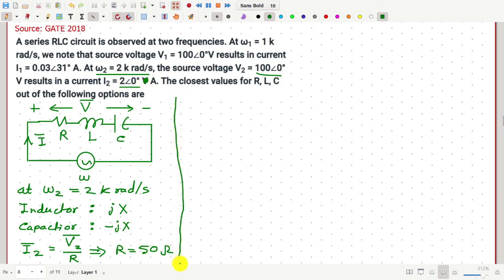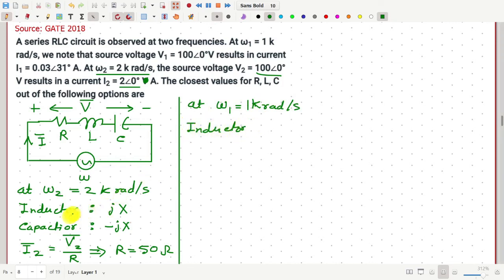Next, consider what happens at omega 1, which is 1 kiloradian per second. Now the inductor impedance will be half of the previous impedance. So it will be Jx by 2 because the frequency is halved, but the capacitor impedance will be twice of the previous value, so minus J2x.